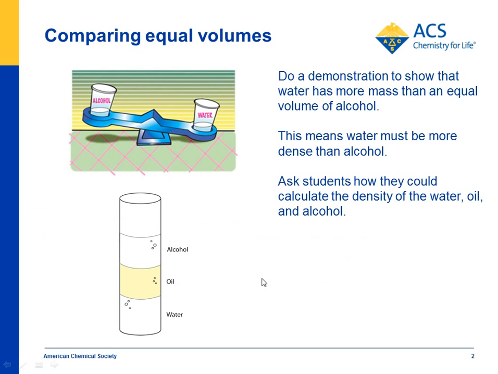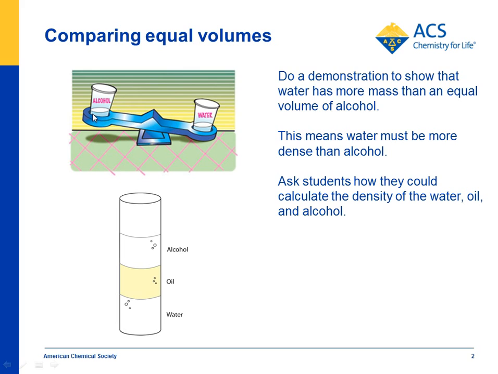So after you show students that the candle sinks in the alcohol but floats in the water, you ask them, how could we measure or compare the density of the alcohol and the water? The idea is that if you compare equal volumes of liquids, the one that's heavier is more dense. So we use 50 milliliters of alcohol.